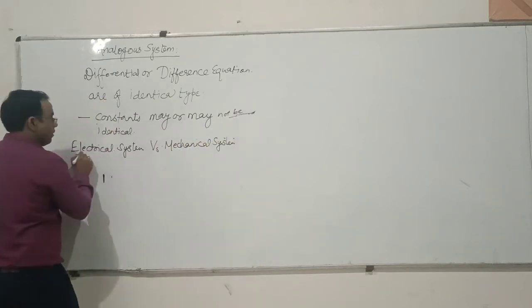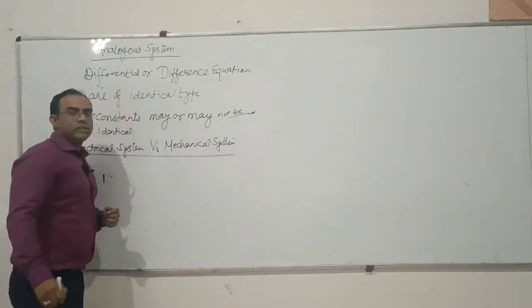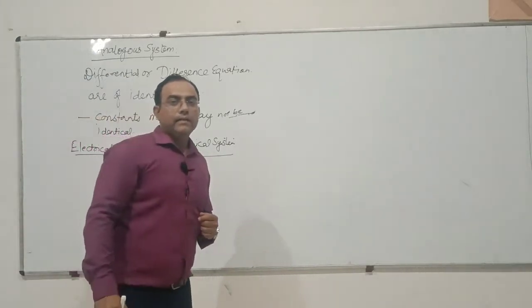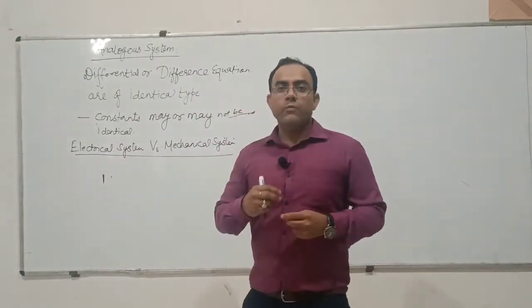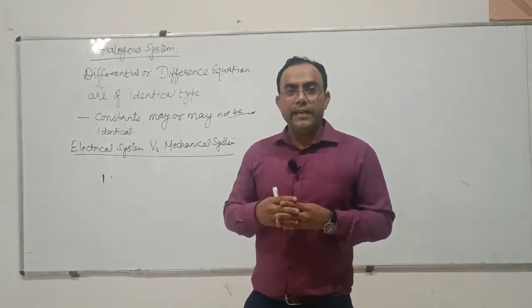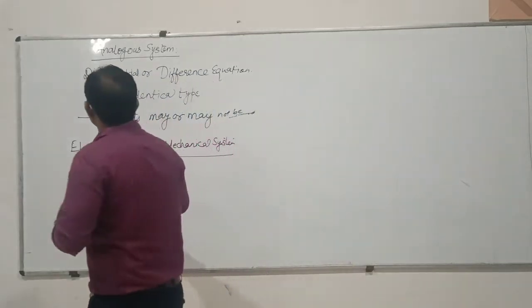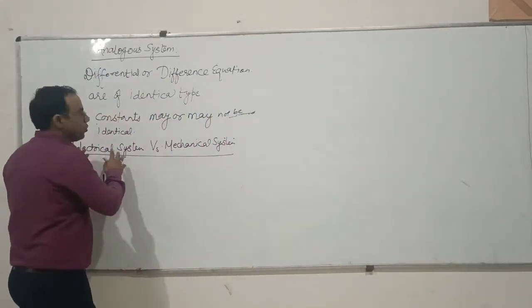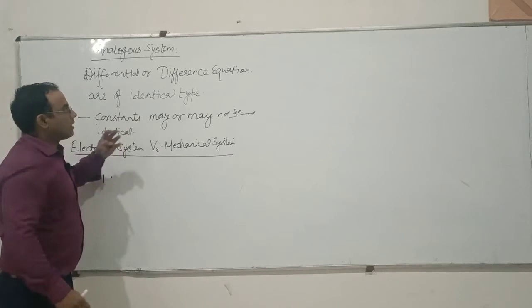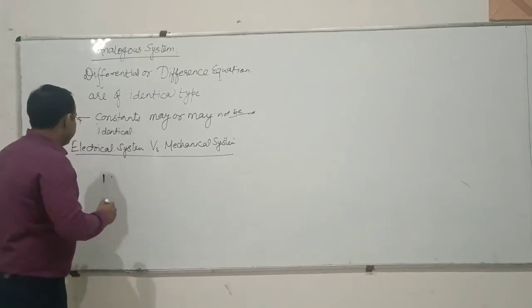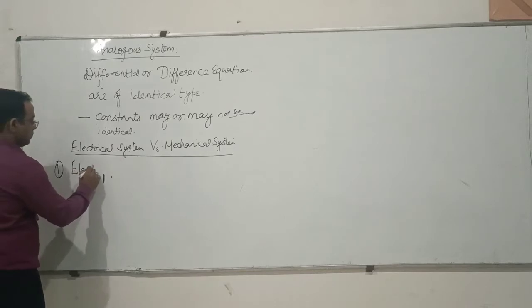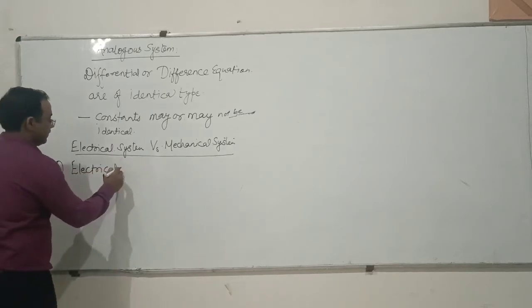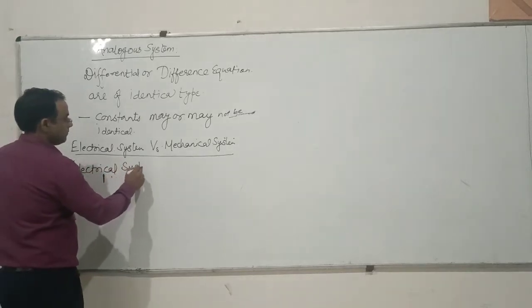We can discuss these two systems one by one, and after discussing both, we can interlink them and say that those particular systems are analogous systems. Alright. So first we have the electrical system.